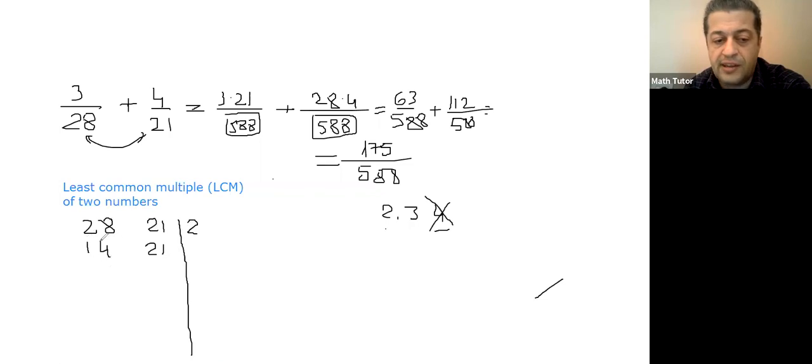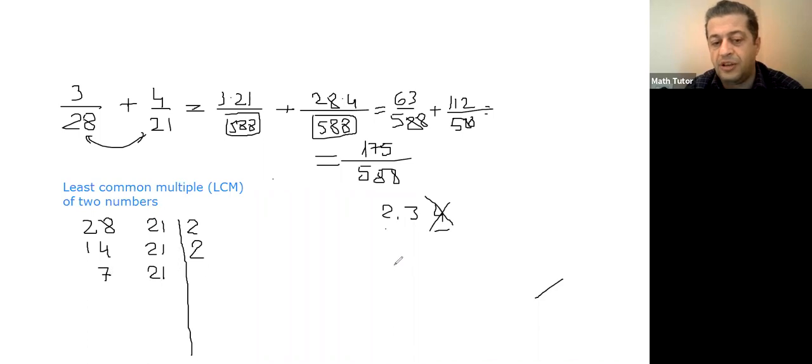Again, we can divide 14 by 2, and we obtain the number 7. And here we have still 21 because 21 cannot be divided by 2. Now, neither 7 nor 21 can be divided by 2.